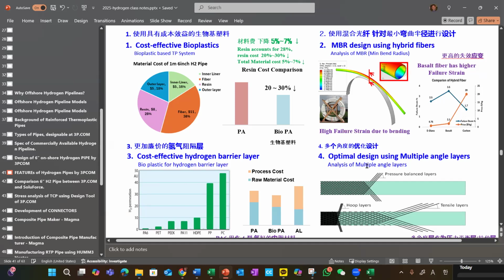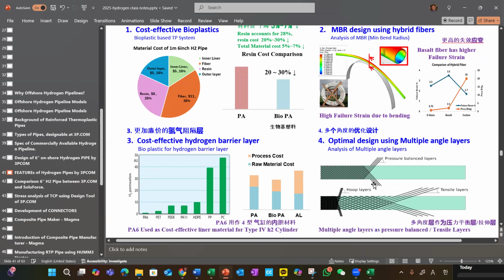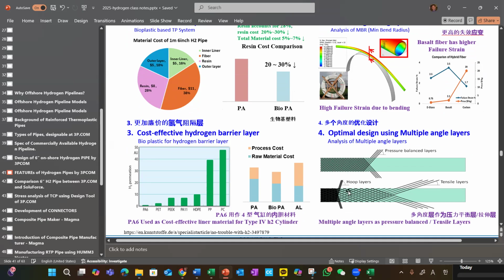And depending on that we can actually optimize the winding angle. We saw a video how these fibers are wrapped around the pipe, and then we can design these angles. So sometimes hoop layers, sometimes helical layers, and so on.